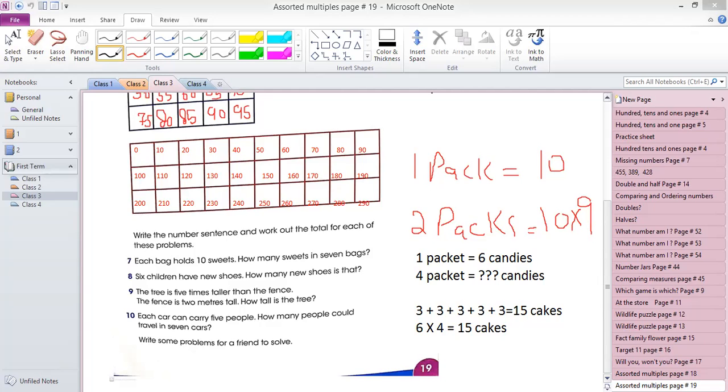Just multiply 5 by 7 and you will find the answer, and that will be 35. So 5 times 7 equals 35. So you will say, sir, 35 people could travel in 7 cars.